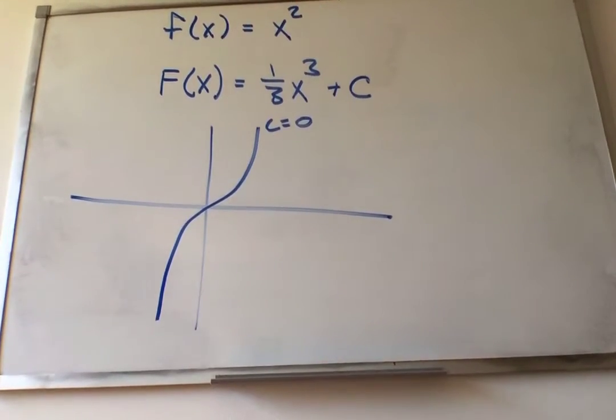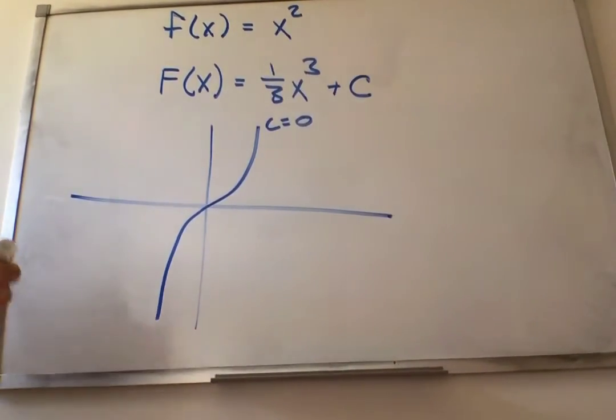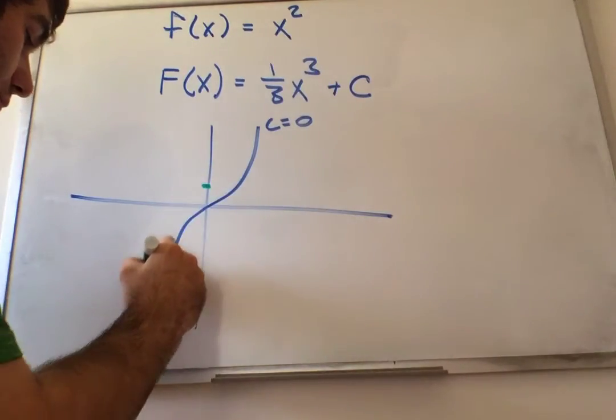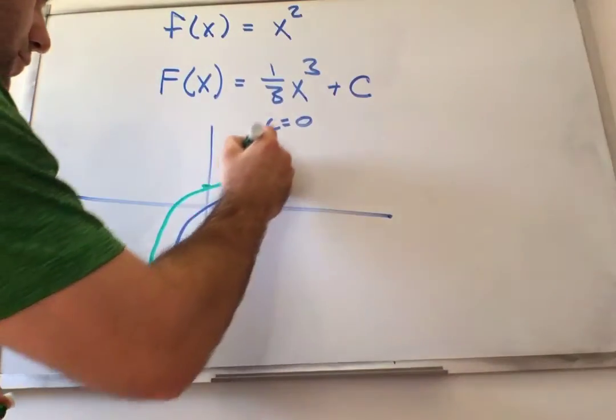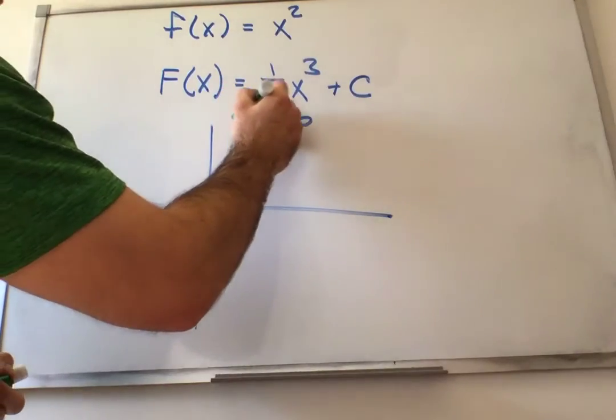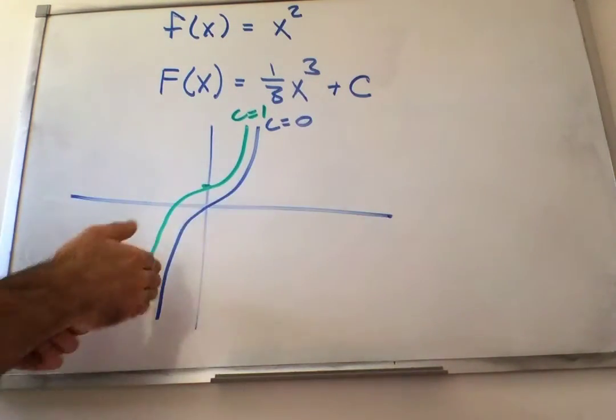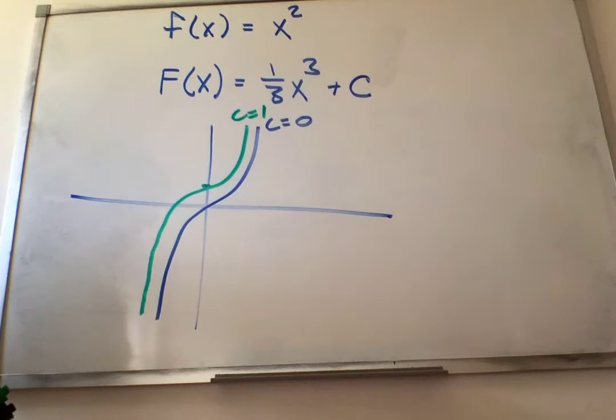Now, in green here, c would be equal to 1. All it did was shift the graph up 1, okay? But if you notice, they have the same shape everywhere.